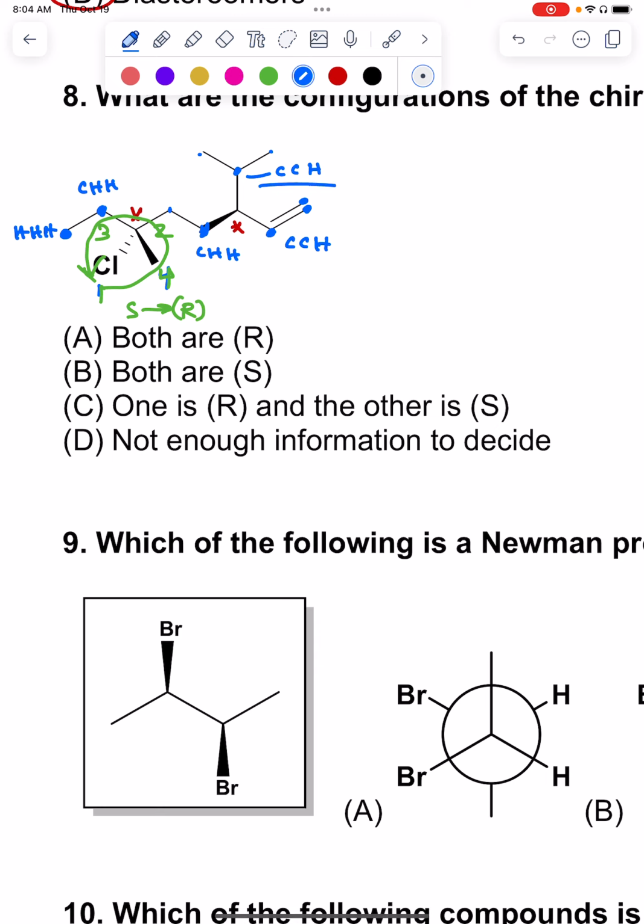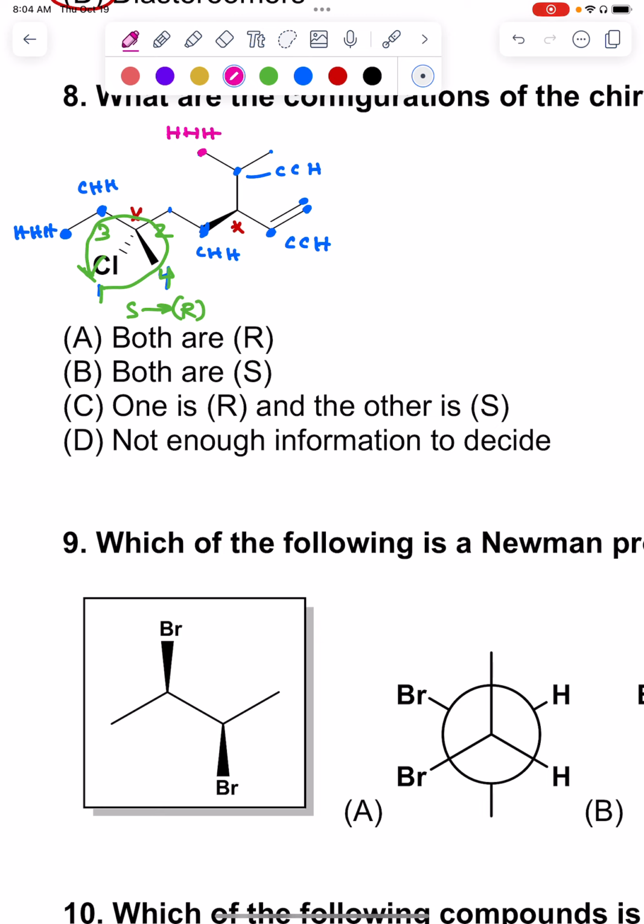So now I have a tie between this one and this one. So I need to move outwards. And so I'm going to pick a carbon. I'll use pink here. I'm going to pick a carbon here and say this carbon is C. Let's see, what is it? It's CHH, or it's HHH.